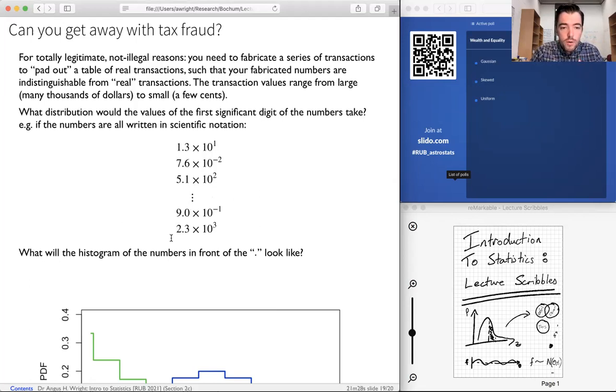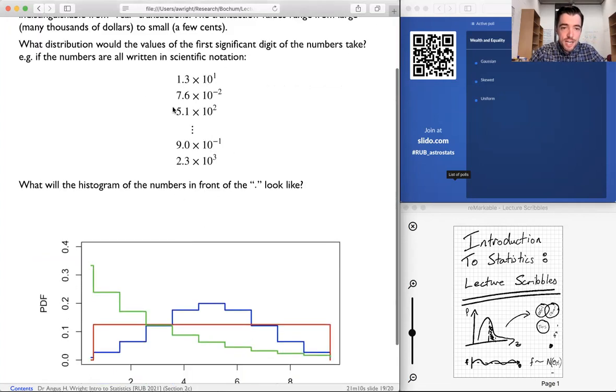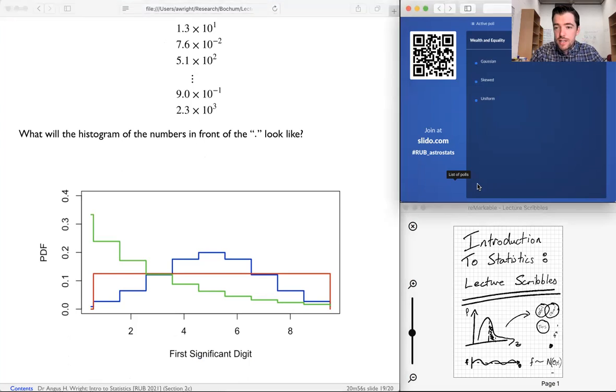What will the histogram of the digits in front of the decimal point look like if you do your job well and they all look totally random, like they're real transactions? That is to say, if I take this table and throw away everything from the decimal point onwards, and just calculate the histogram of the numbers at the front, what does that distribution look like? Okay, so that's the next poll.